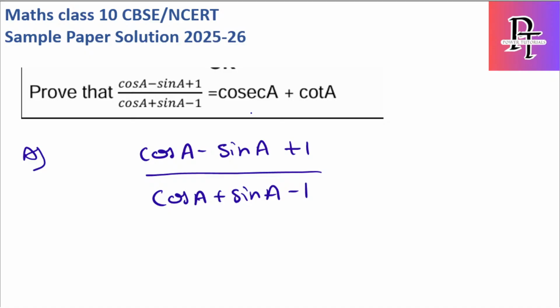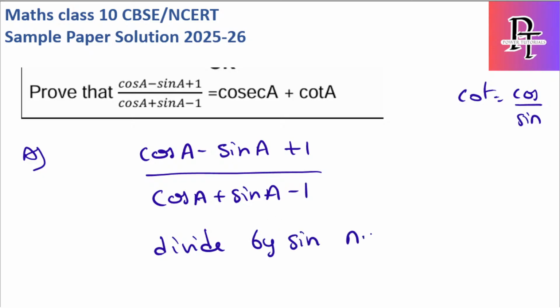Cot is nothing but cos by sin. So for that we have cos here, so simply I will divide by sin on both sides, I mean numerator and denominator.